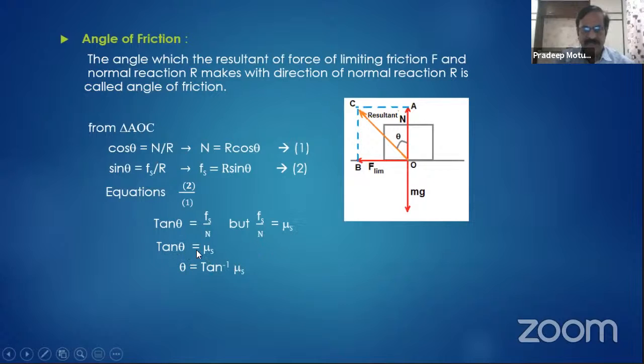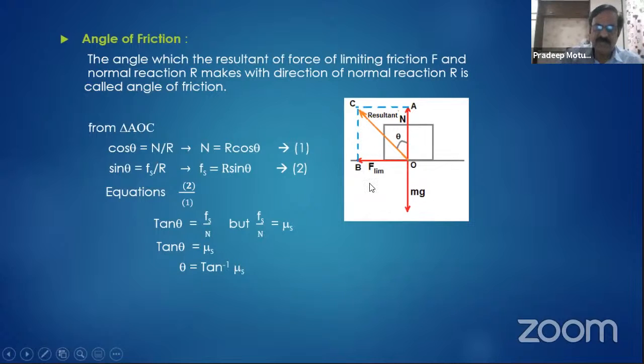Therefore, tan theta is equal to mu s. From this, we can take the value of theta: theta is equal to tan inverse mu s. So this is the procedure, or the concept, to know about the angle of friction.